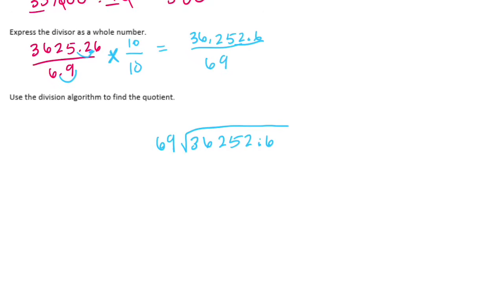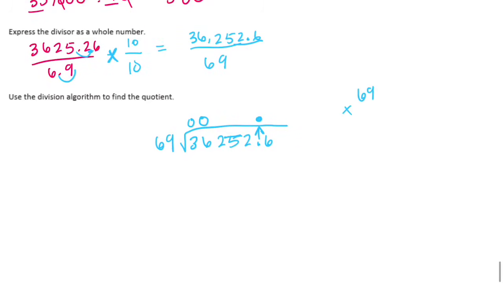All we have to do with this decimal point is move it straight up. And the last step involving the decimal point is just to make sure that we keep our digits lined up in the right place values. Other than that, it's just a normal division problem. So 69 can't go into 3, it can't go into 36, but it could go into 362.